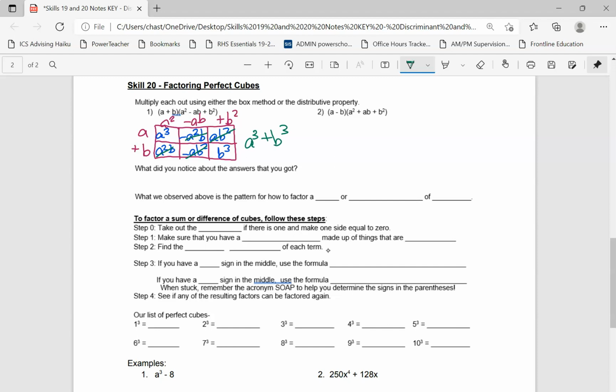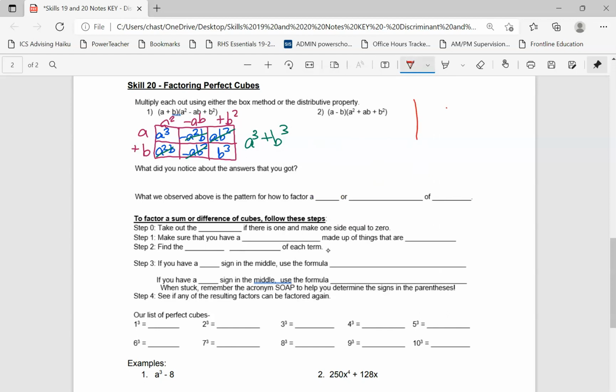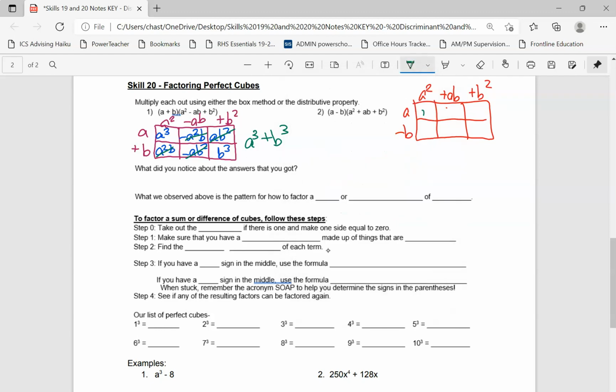Okay? And now I'm going to do the same thing with the next one. So again, I'm going to do the box method. This time we have a minus b, and we have a squared plus ab plus b squared. And we're going to multiply so that we can fill in the boxes. A cubed minus a squared b plus a squared b.